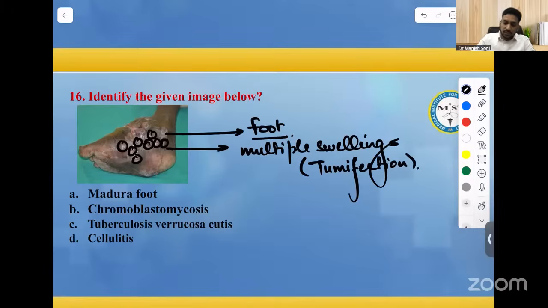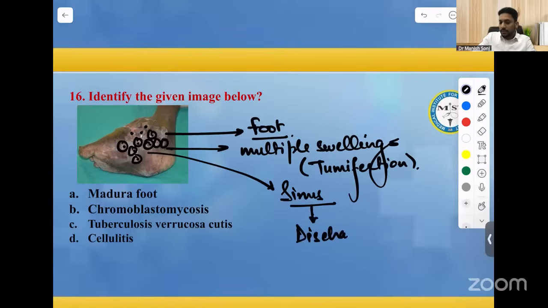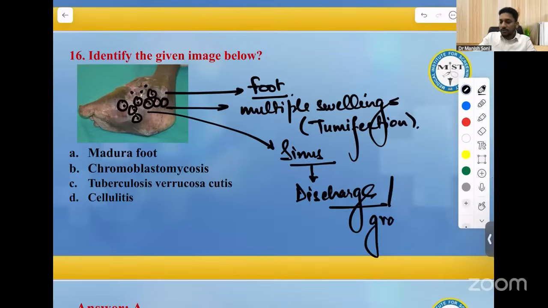In these swellings, you can see there is an opening present. So there is a sinus. Through this sinus, some discharge comes out, and this discharge can have granules.